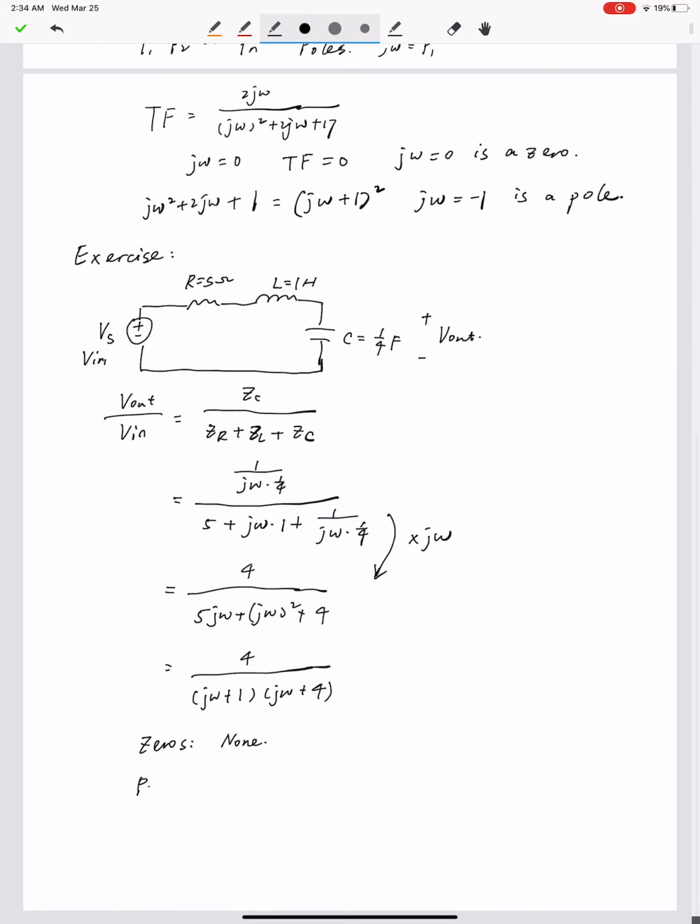But we can find two poles. As I mentioned before, poles are numbers that make the denominator 0. So we have two numbers that will make the denominator 0. They are j omega equals minus 1 and j omega equals minus 4. Right, so this example shows how we find the transfer function.